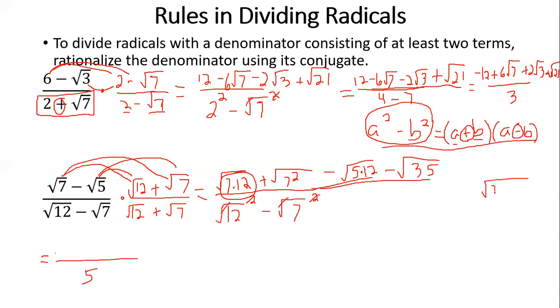So, 7 times 12. So, this is equivalent to 7 times 4 times 3. Yung 4 po, pwede po nating ilabas yan. So, magiging square root of 4 is 2. Yung 7 times 3 may iwan, that's 21. So, yan na po. 2 square root of 21. Okay? Yung 7 squared, kakancel na yan. That will give us 7.